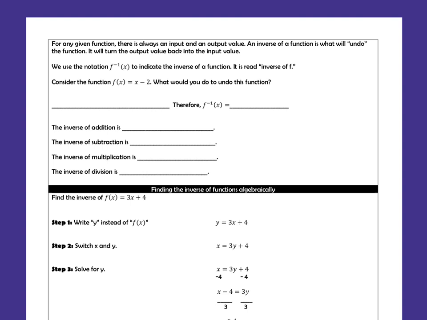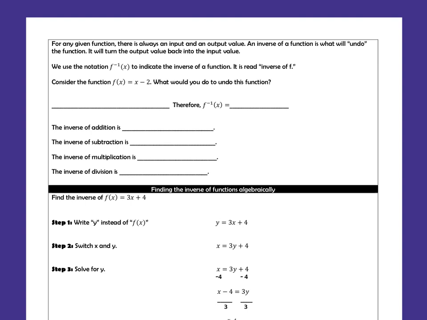So we use the notation f inverse of x to indicate the inverse of a function. It reads "the inverse of f." Consider the function f of x equals x minus 2. What would you do to undo this function?